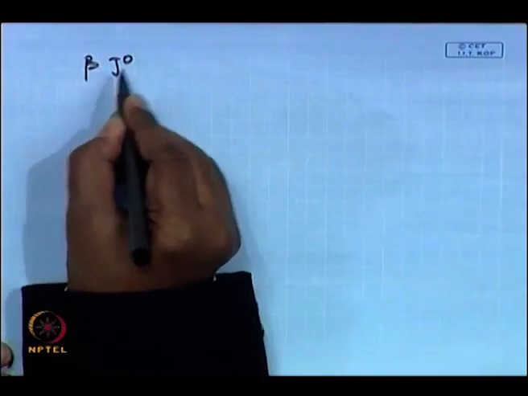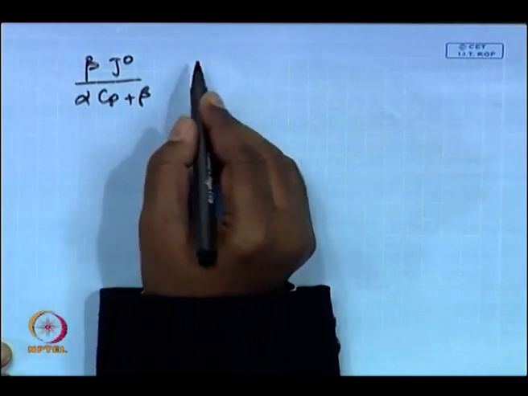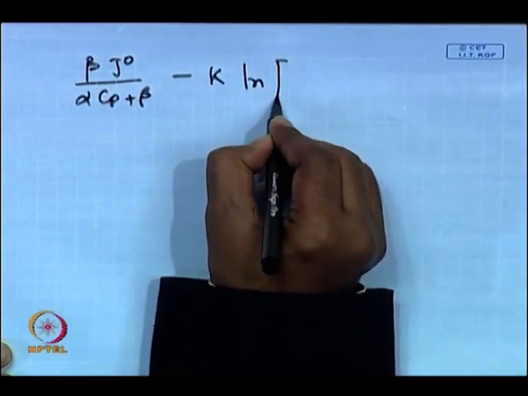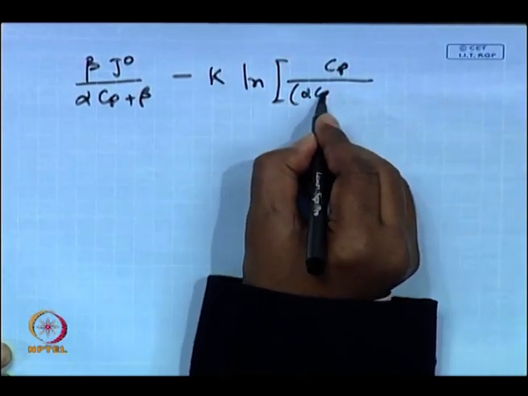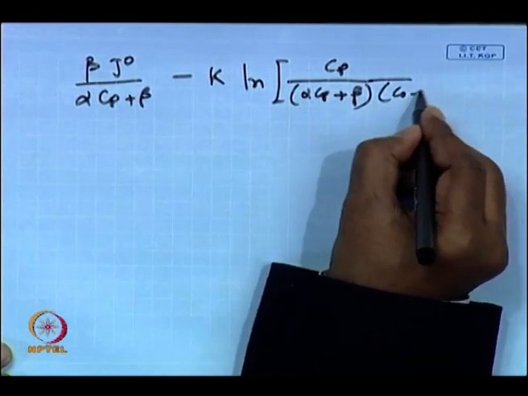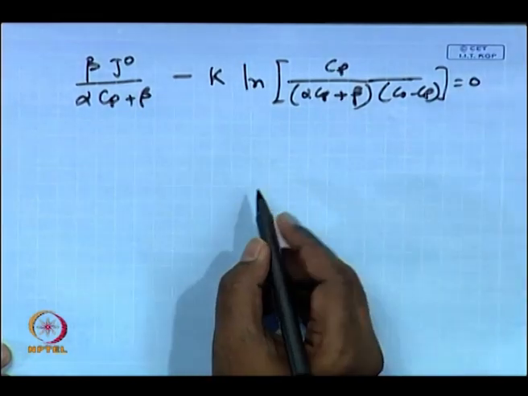All you get is B over J naught, alpha Cp plus beta, minus K ln of Cp over alpha Cp plus beta into C naught minus Cp, is equal to 0.